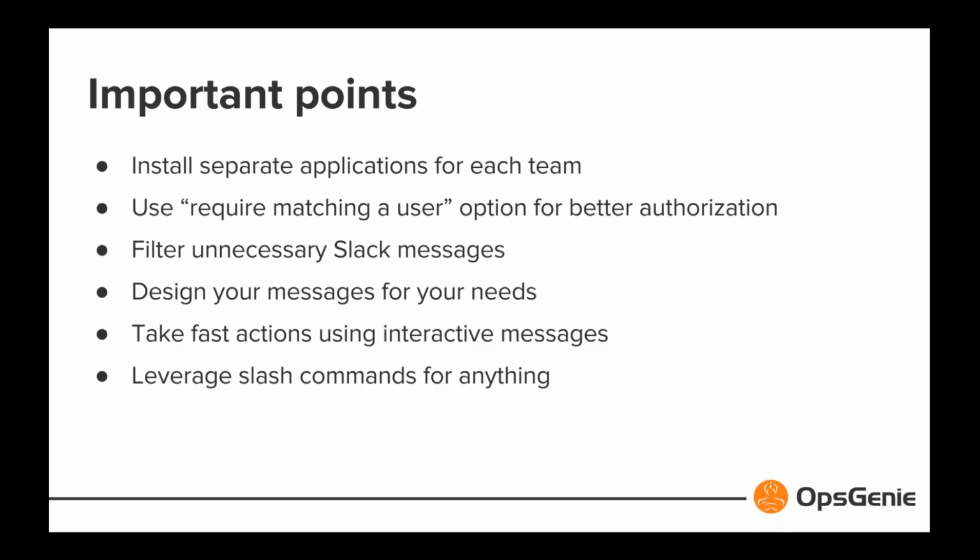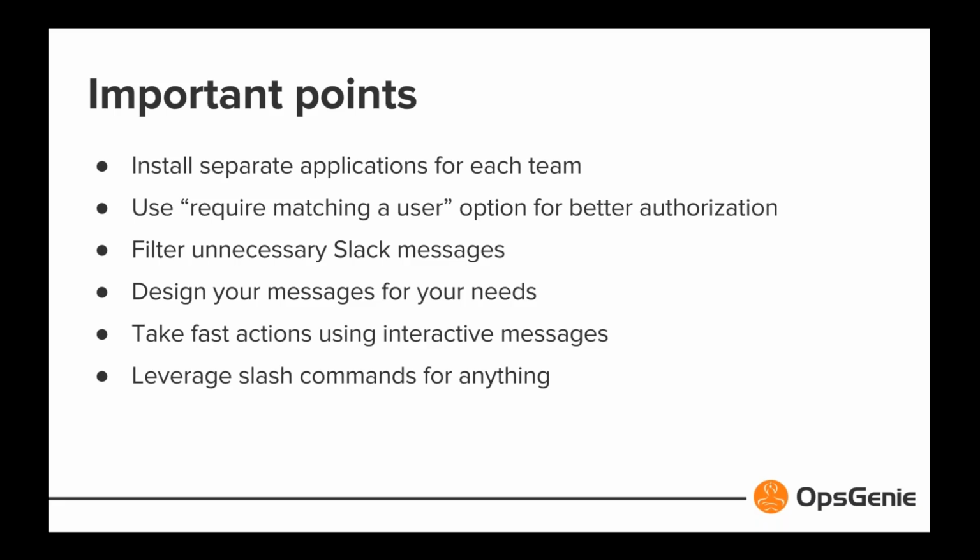This is the best way to make sure that's the case. And you should use the require matching a user option for better authorization because you need to authorize and identify your users on the Opsgenie side.